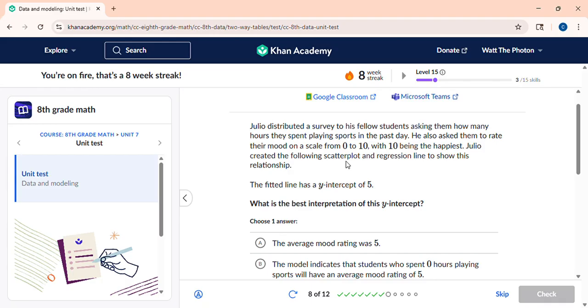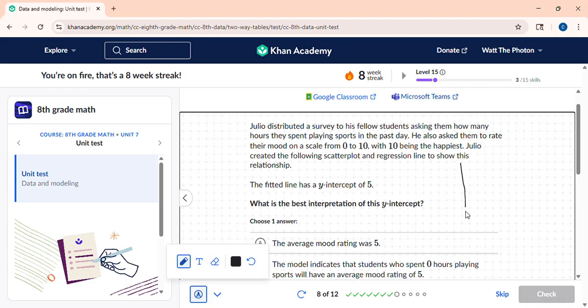So this is mood, this is hours playing sports. With 0 hours playing sports, the average rating was 5.